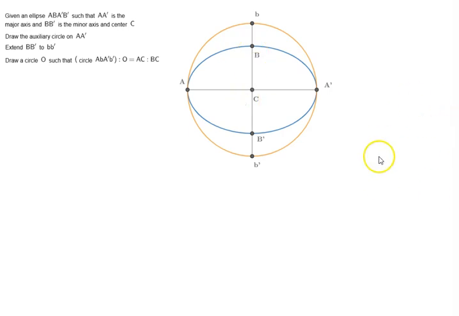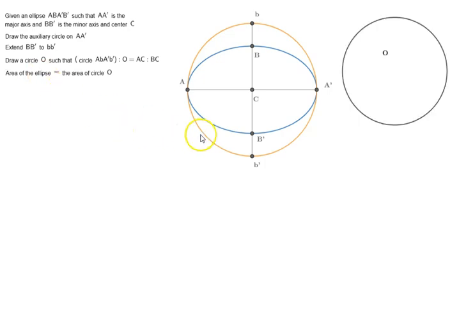So we have to draw a circle O which has the same ratio with the auxiliary circle as AC has to BC. The area of the ellipse is equal to the area of the circle O.